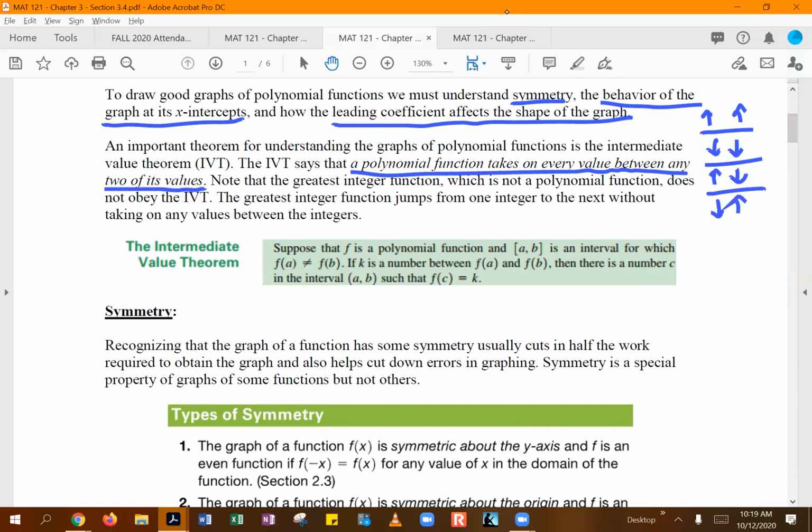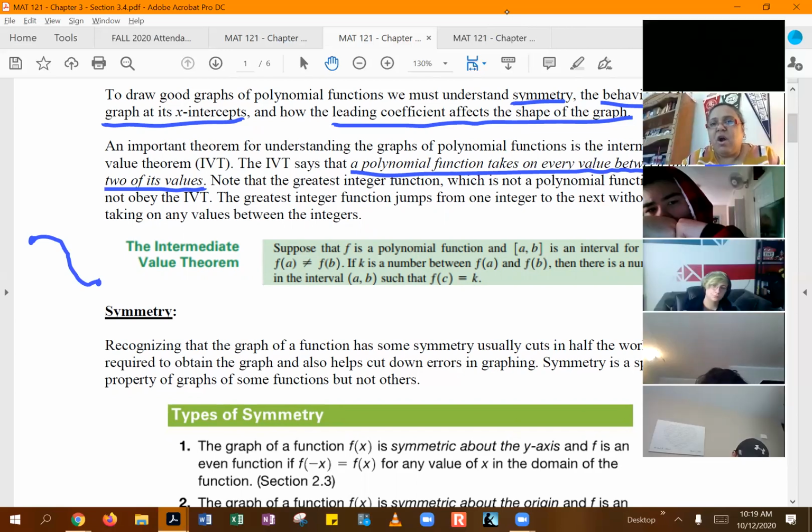What that really means is if you have 2 points on your graph, it will take on every value, so you will have a continuous curve on your function. It could be something like this. It could be just a straight line, but you should have a continuous curve.